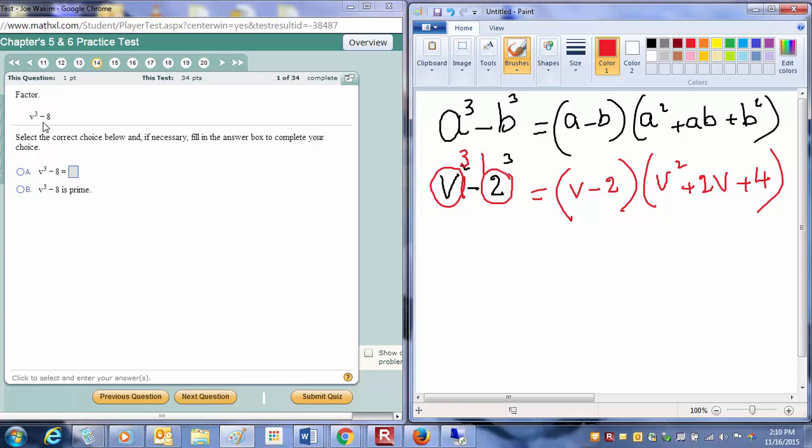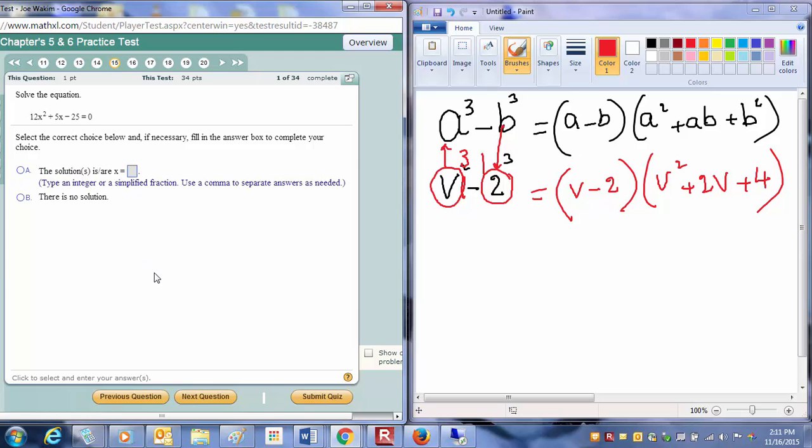Bring this difference of two cubes here and make sure you have a is v and b is 2, because 8 is 2 cubed, and then substitute in the formula, and you will end up with the answer. This is not prime. It has a factor, and you can factor it. You can write the answer here as v minus 2 times v squared plus 2v plus 4.